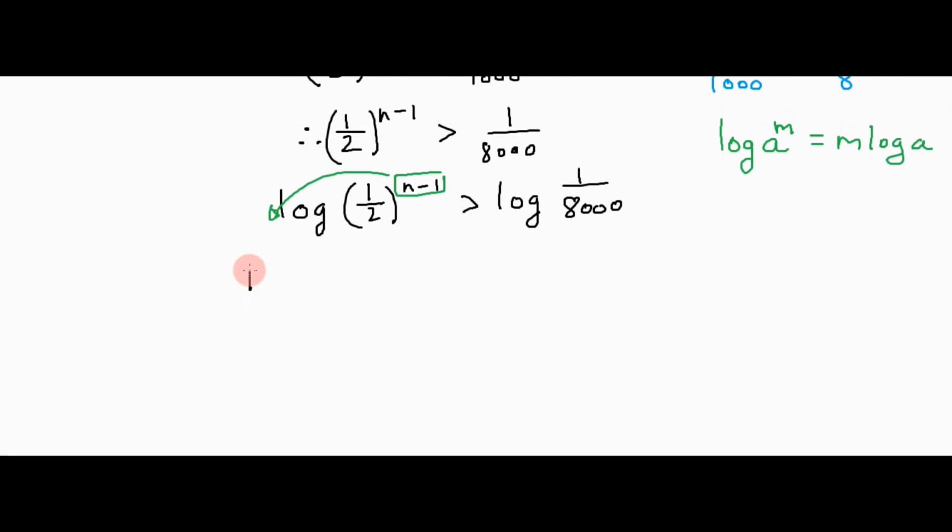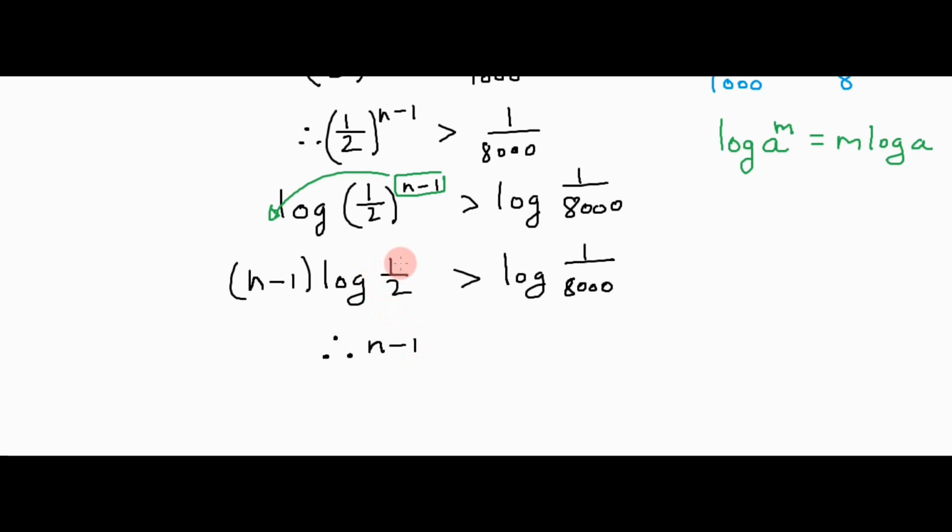So we'll have n minus 1 times the log of a half is greater than the log of 1 over 8,000. We want to solve for n, so we can divide the log of a half into the right-hand side.